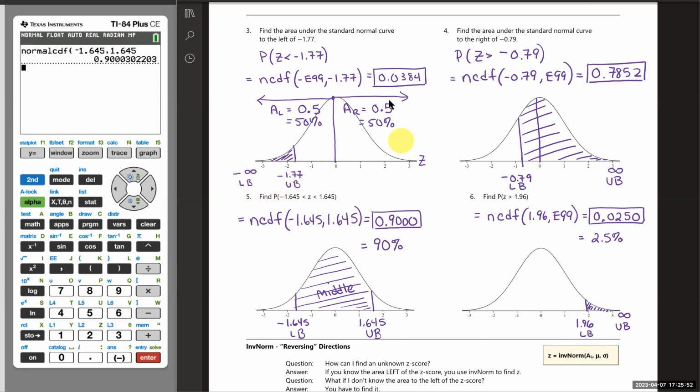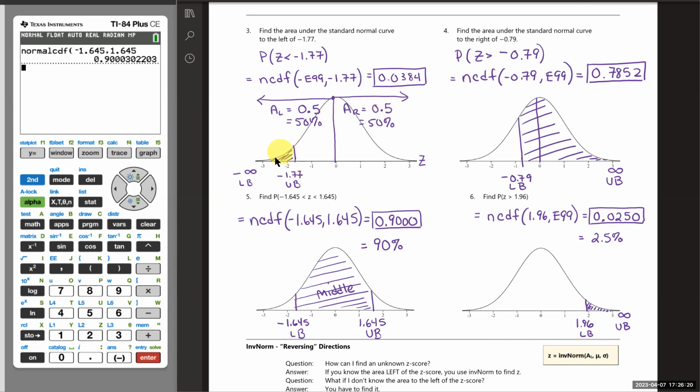And then the other thing I added to this picture, just as a reminder, is that it's good to have a feel for if we're shading more than half our picture or less than half our picture. So I drew this line down the center and indicated that all of this area to the left would be 50% of the picture, or in decimal 0.5, and all the area to the right of center, 50% of the picture, or in decimal 0.5.